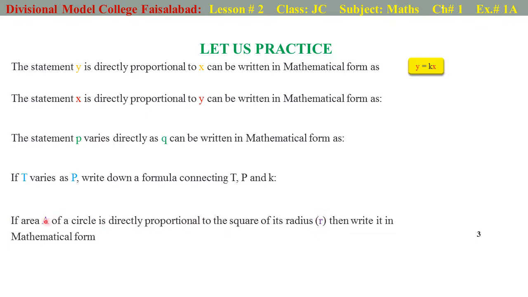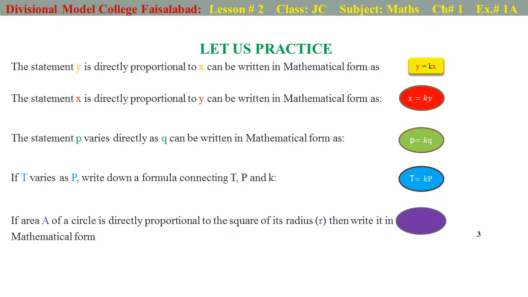Now the two quantities are the area and the square of the radius. So let's check whether you have written the correct statements or not. In the first case, when x is directly proportional to y, its algebraic form is x is equal to ky. In the second case, when P varies directly as Q, it is P is equal to kQ. In the third case, when T varies as P, the formula connecting T, P and k is T is equal to kP.